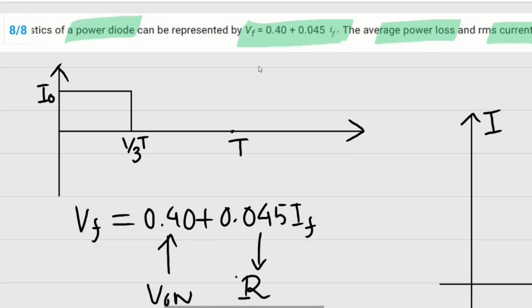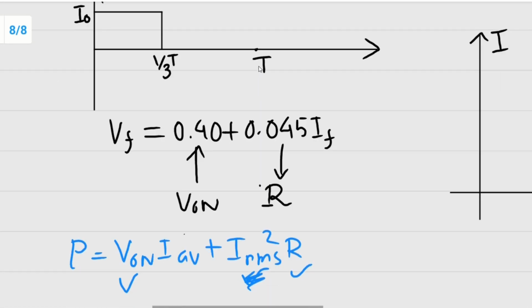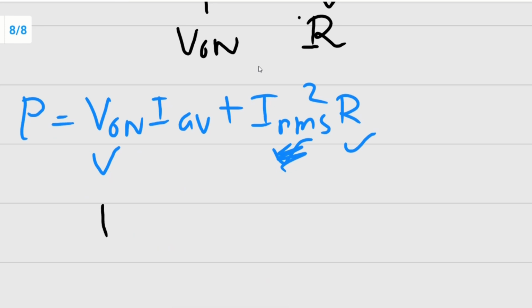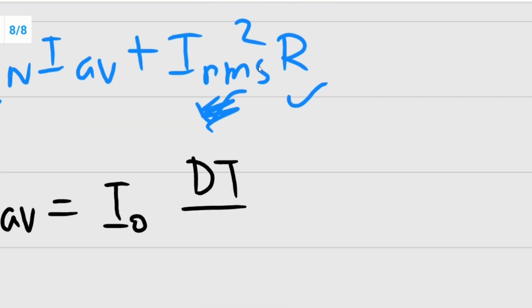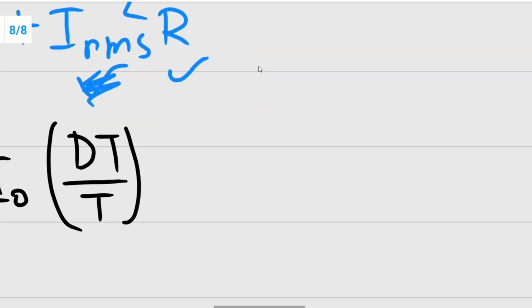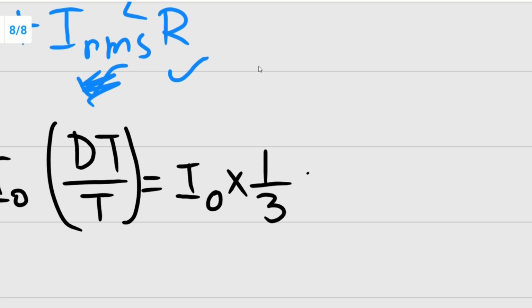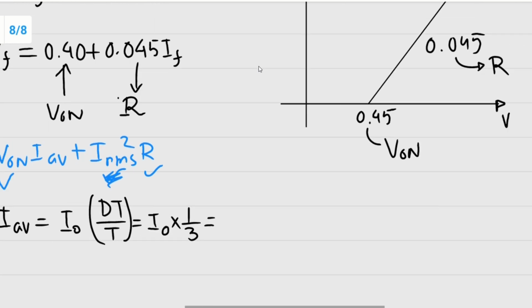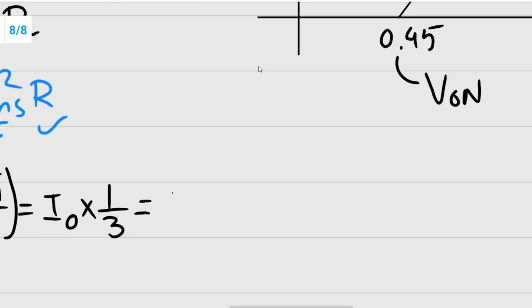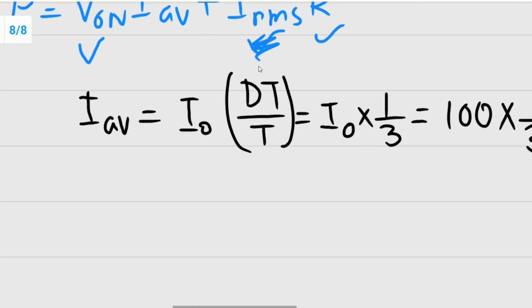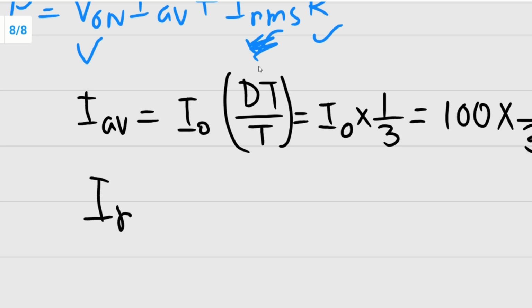From this curve, the average current I average is nothing but the integral of I naught dt by T, that means I naught into 1 by 3. I naught is given as 100 ampere, times 1 by 3.